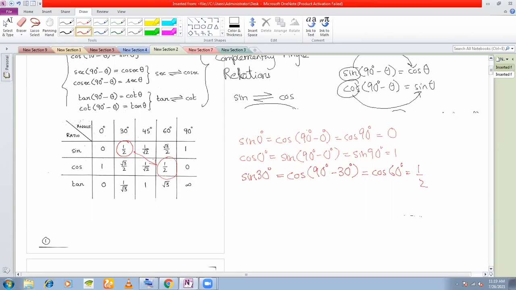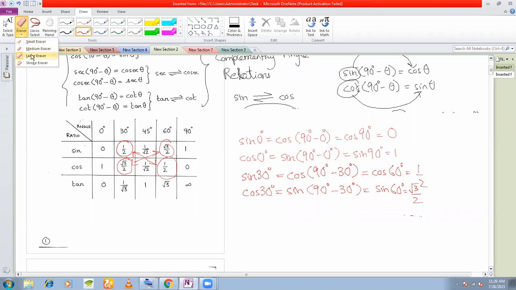Next, by the same logic, cos 30 is the same as sine 90 degree minus 30 degree, which is equal to sine 60, which is equal to root 3 by 2. Remember this.